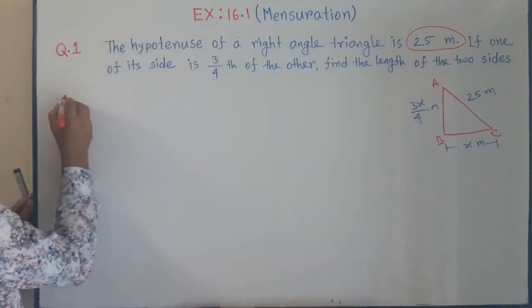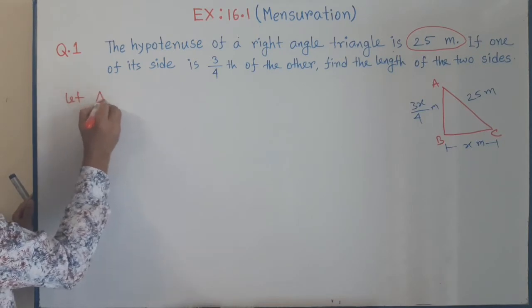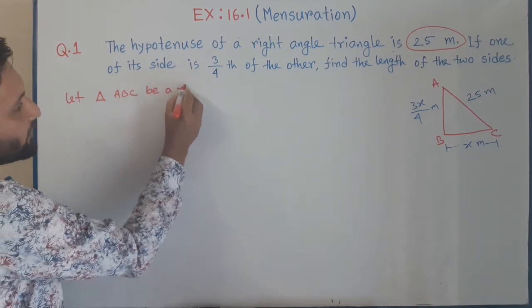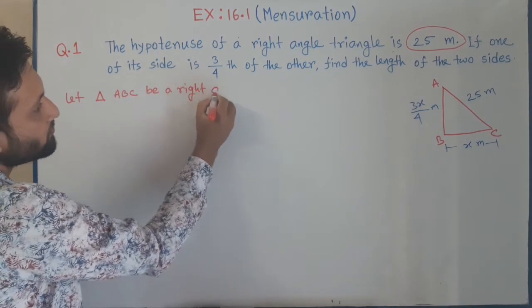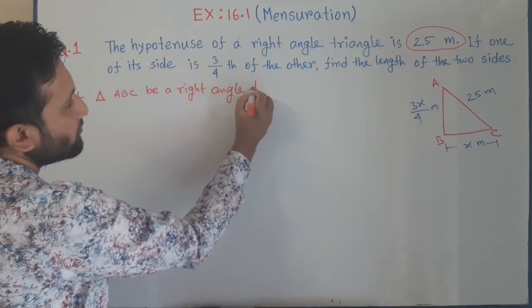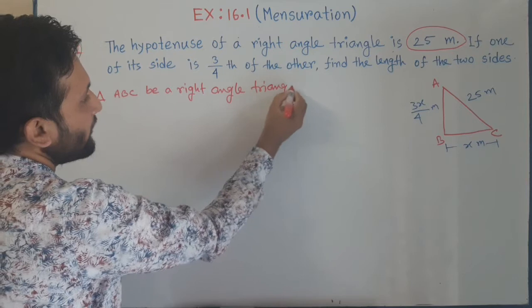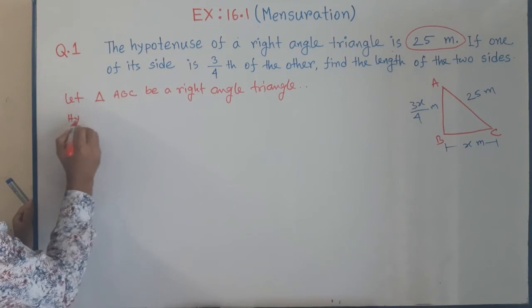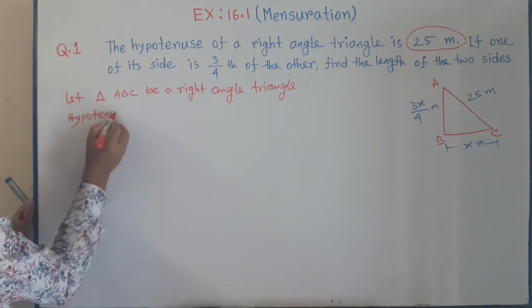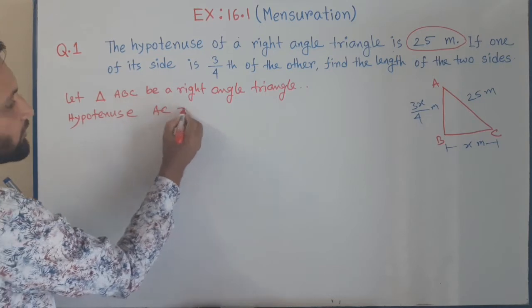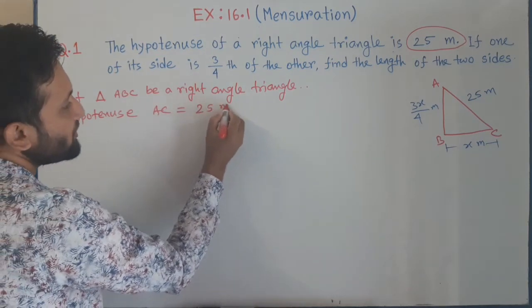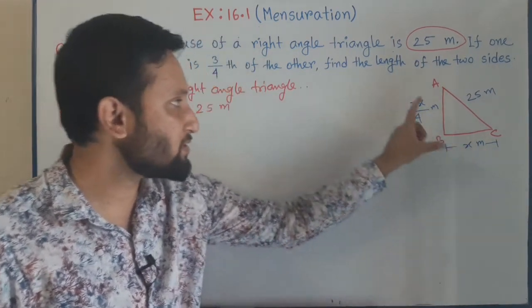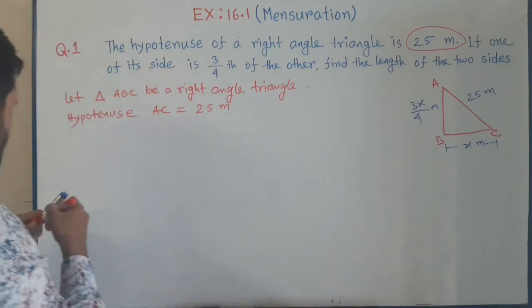At first write, let ABC be a right angle triangle, where the hypotenuse AC equals 25 meter, and let one side BC equal x meter, so the other side must be 3x/4 meter.